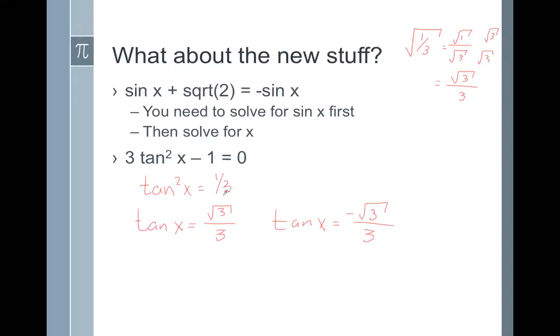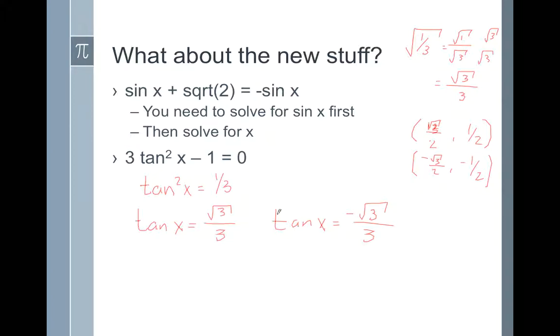And tangent is positive in quadrants 1 and 3. So you go around your circle and you're basically looking for this on your circle. You're looking for a positive root 3 over 2, comma 1/2. And you're looking for a negative root 3 over 2, comma negative 1/2. You're looking for y over x there.